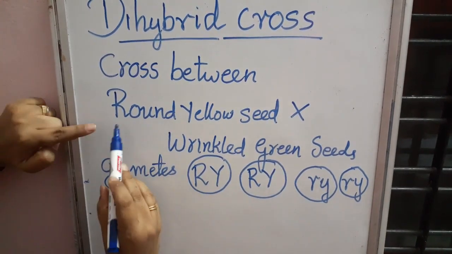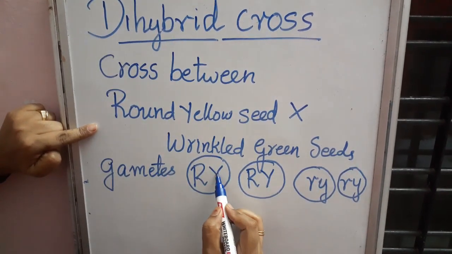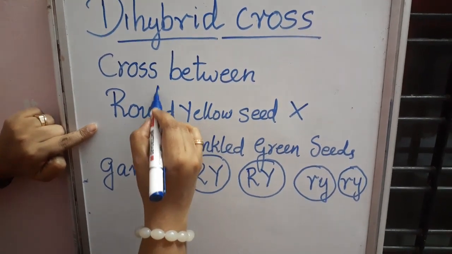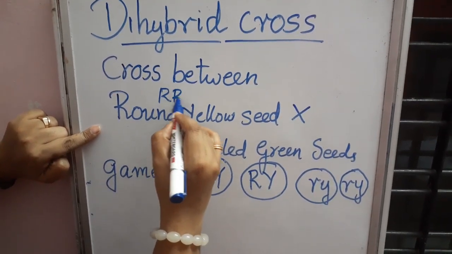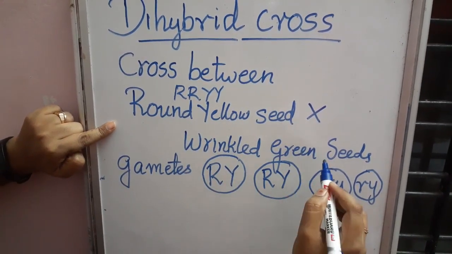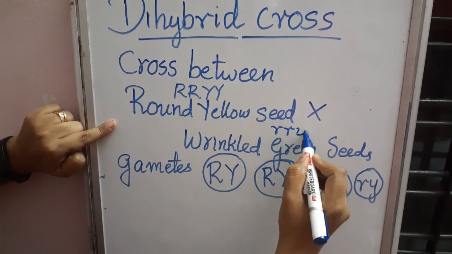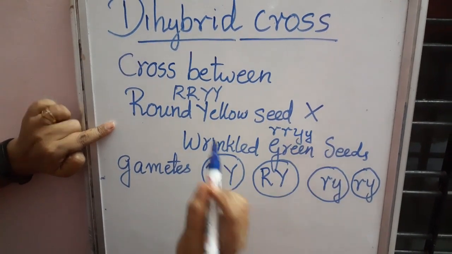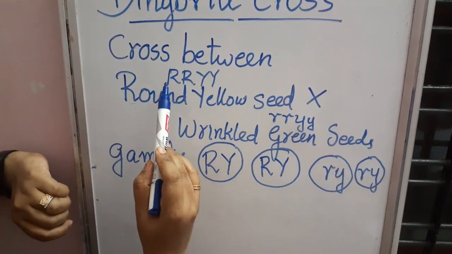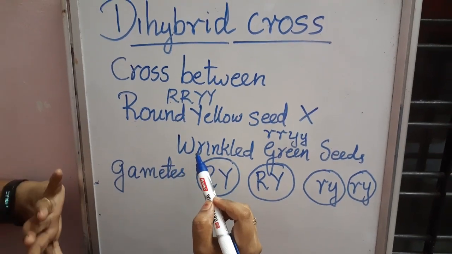So you can see round is capital R, yellow is capital Y. So the parents, I will write once again, capital R, capital R, capital Y, capital Y. In the case of wrinkled green seed, it is small r, small r, small y, small y. Round I am representing by R. Wrinkled we cannot take W or anything.